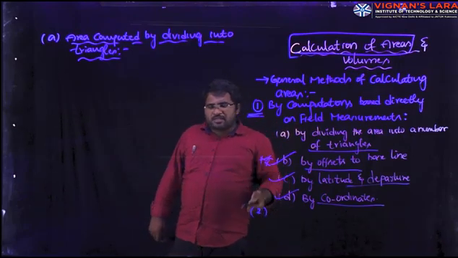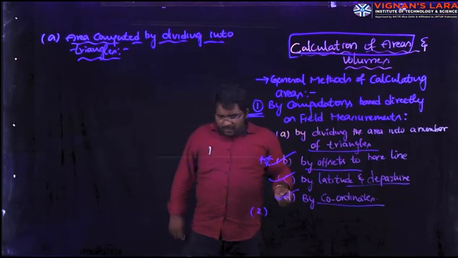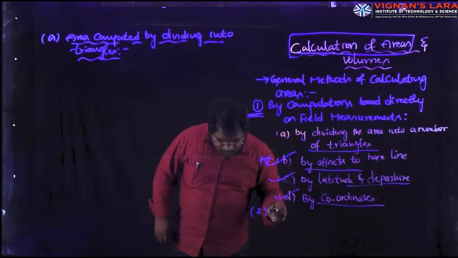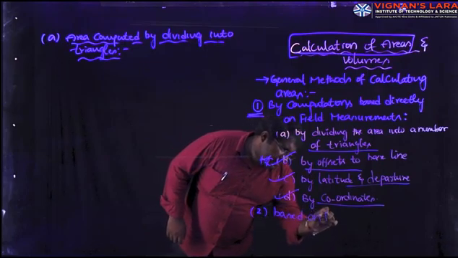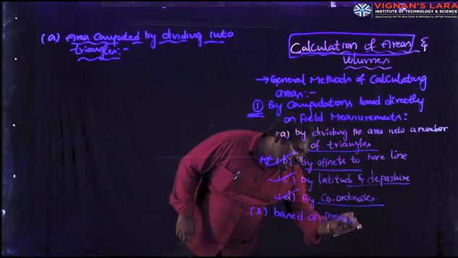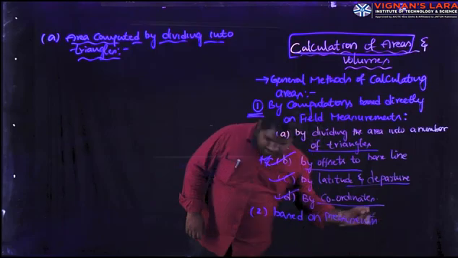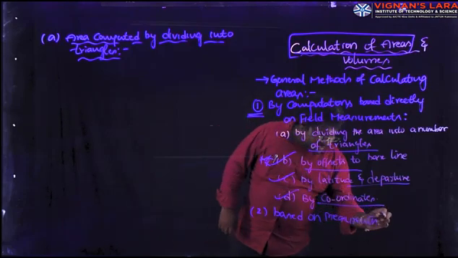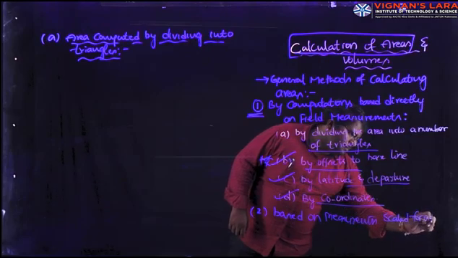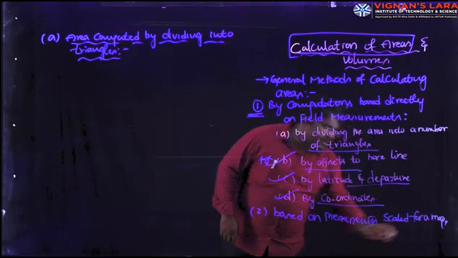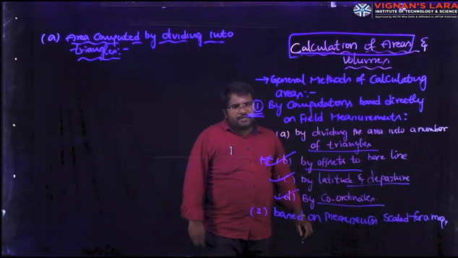This first one is the area calculation based on the field measurements. The second is based on measurements scaled from a map, and from the map we are going to know the area.